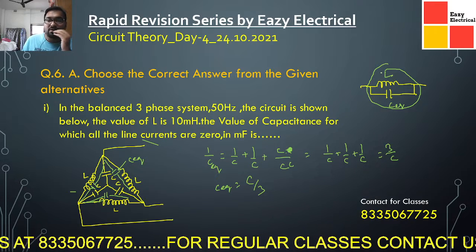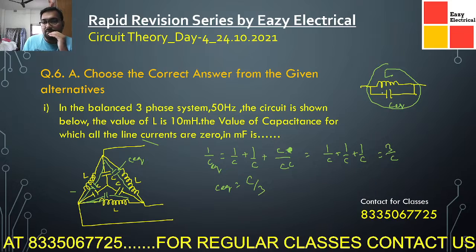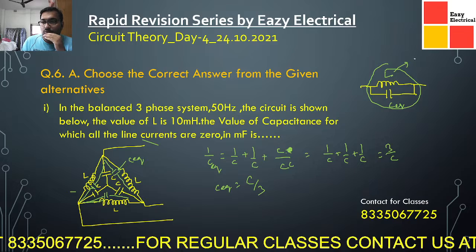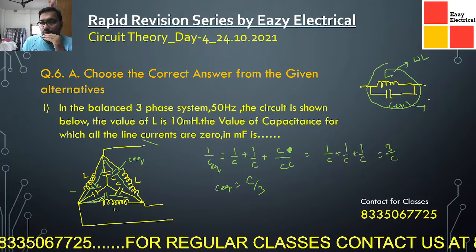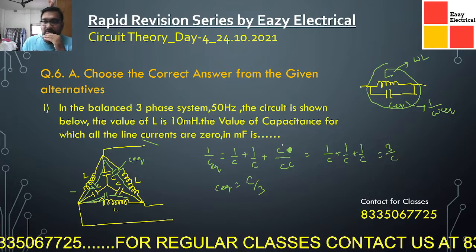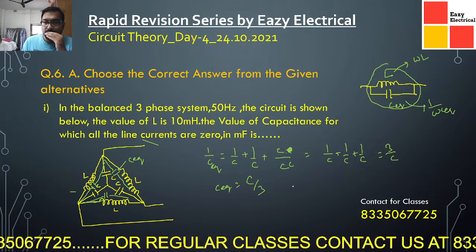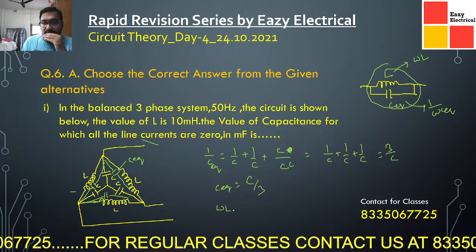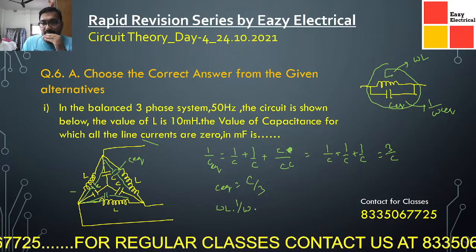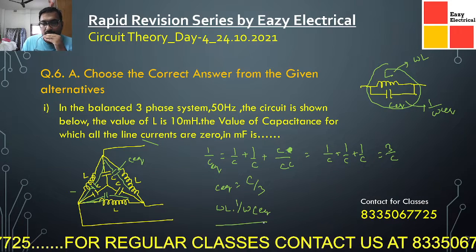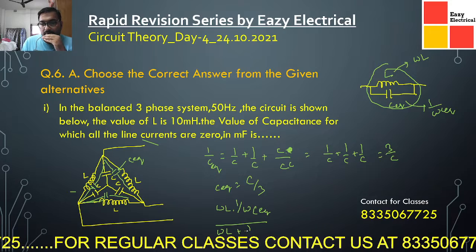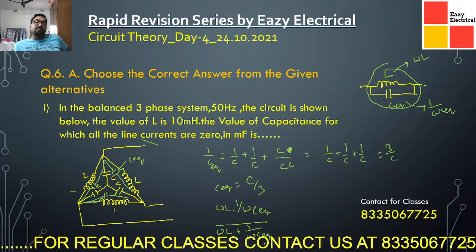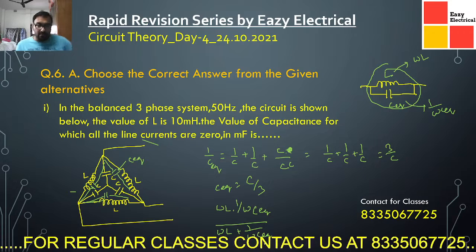So here we have observed one thing: if we just consider the reactances, omega L will be the reactance, and here 1 by omega C will be the reactance. So omega L is parallel with 1 by omega C equivalent. This equivalent resistance is coming out to be infinite, right?